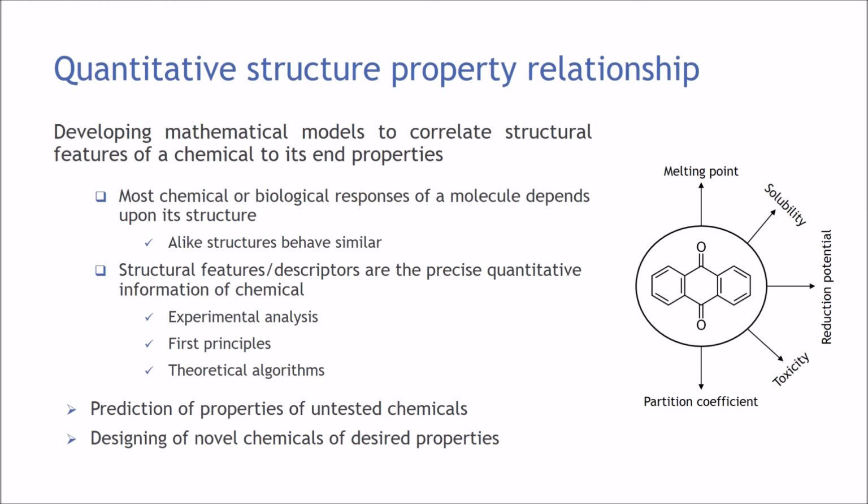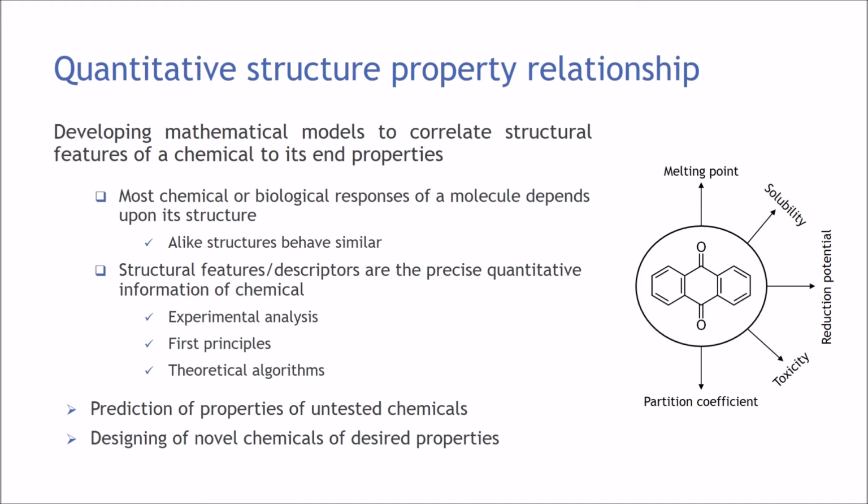Let's see what I mean when I say molecule structure, and how we can represent molecule structure as numbers or any precise information. The precise quantitative information we can obtain purely from a molecule structure are called structural features or descriptors. These can be calculated from experimental analysis, first principles, or any theoretical algorithms.